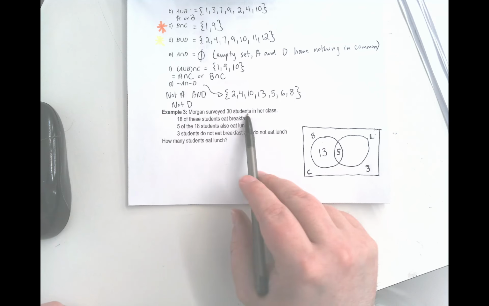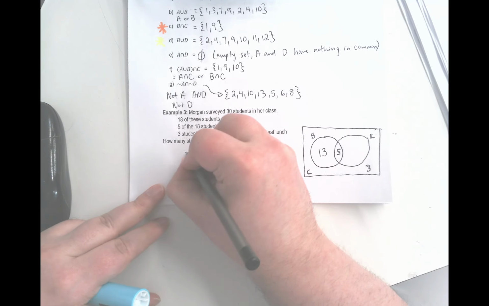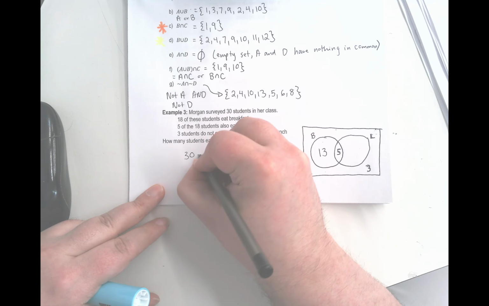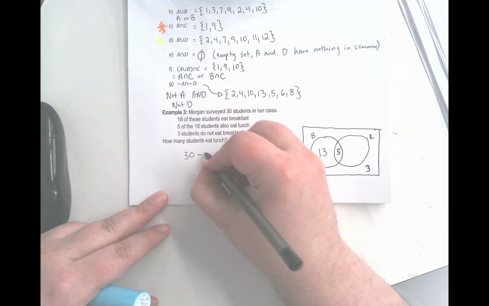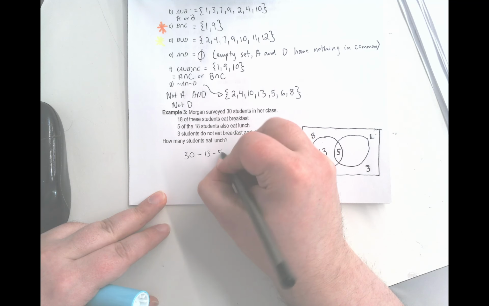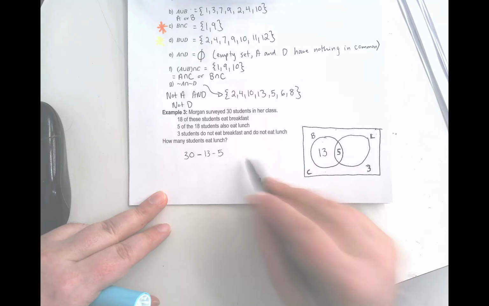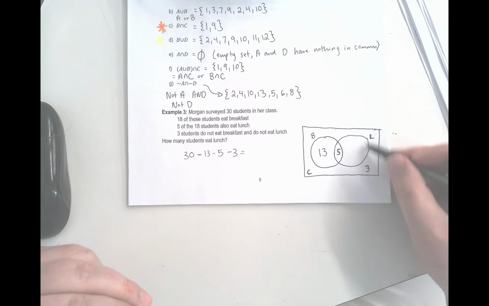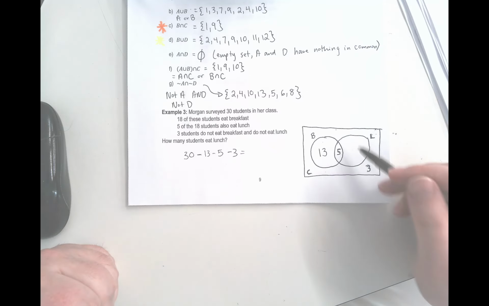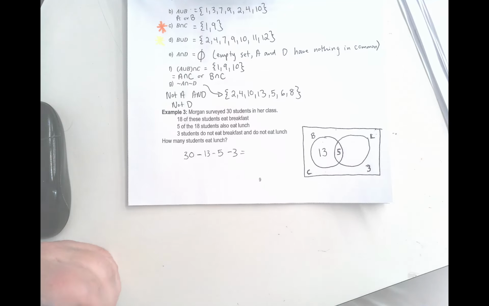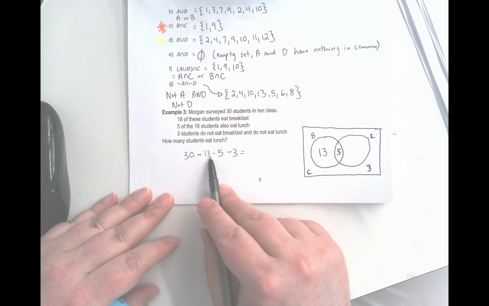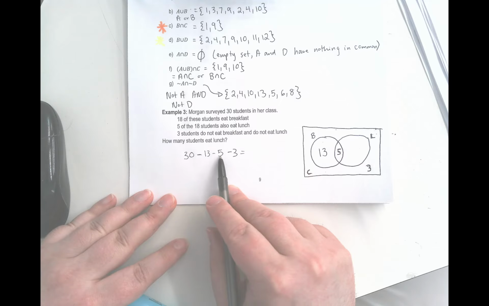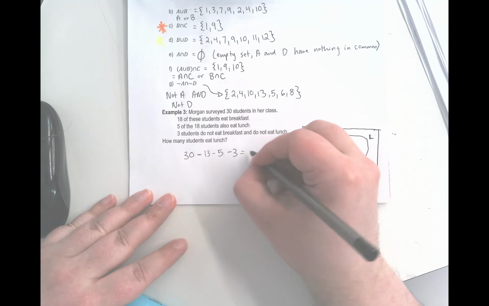Well, we know that there are 30 students in total. So 30 minus the 13 minus the 5 that eat both minus the 3 that are on the outside. That's going to tell us how many students are in the just lunch group. So 30 minus 13 is 17, minus 5 is 12, minus 3 is 9.